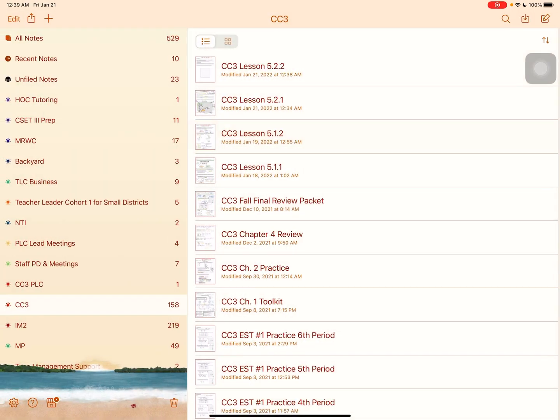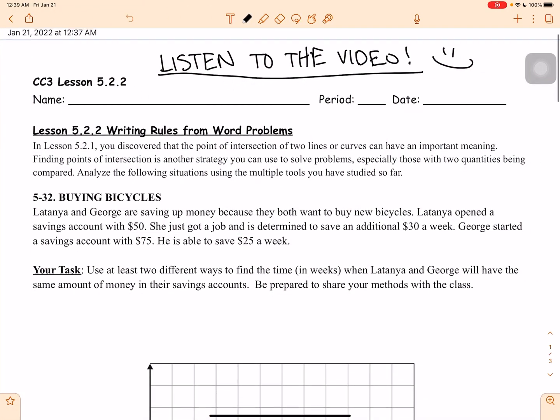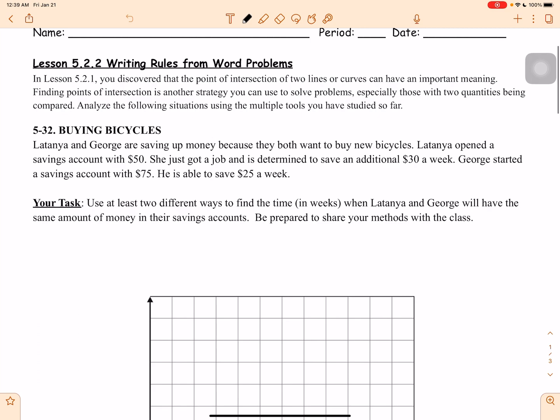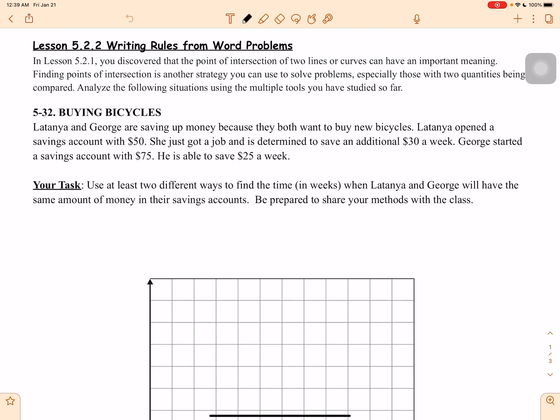All right, so here it reminds you that in lesson 5.2.1, you discovered that the point of intersection of two lines or curves can have an important meaning, okay? What a point of intersection means is that it is a solution to all equations in the system.